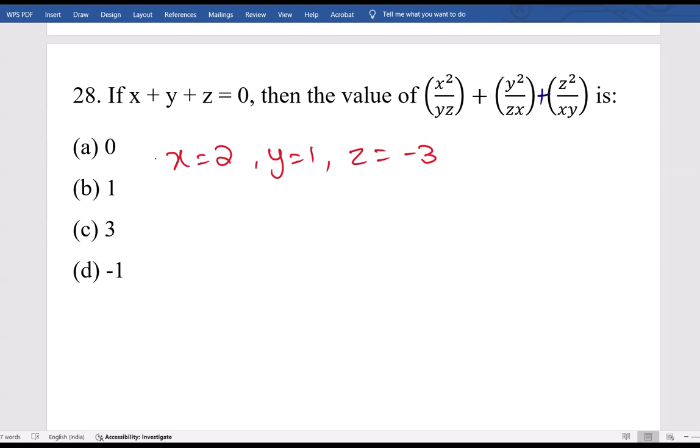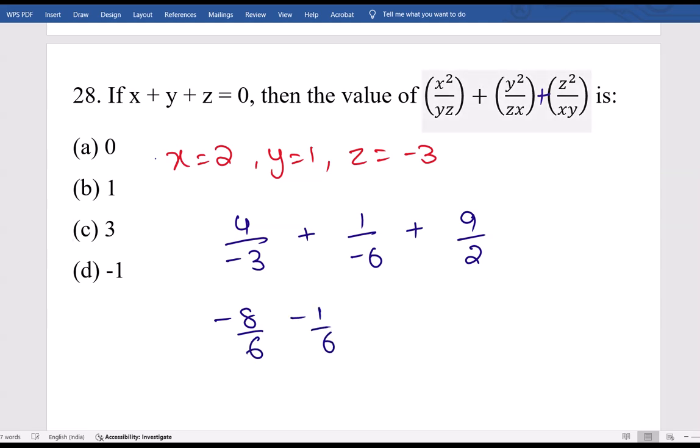If I put plus in between, as you people mentioned, 4 divided by minus 3 plus 1 divided by minus 6 plus 9 divided by 2. Here, minus 4 by 3 can be written as minus 8 by 6, and here minus 1 by 6. Plus 9 by 2 means nothing but 4.5.